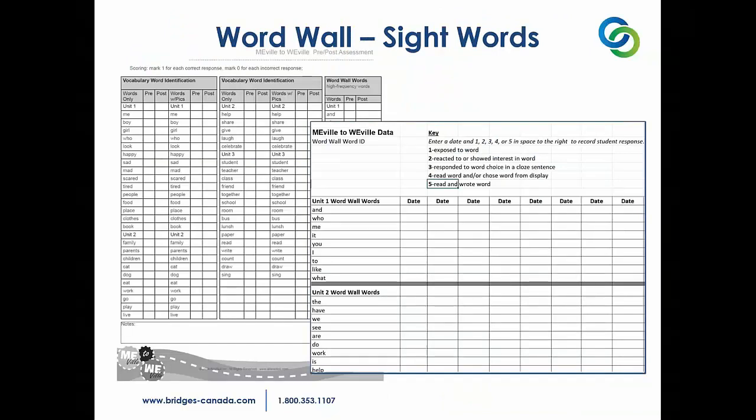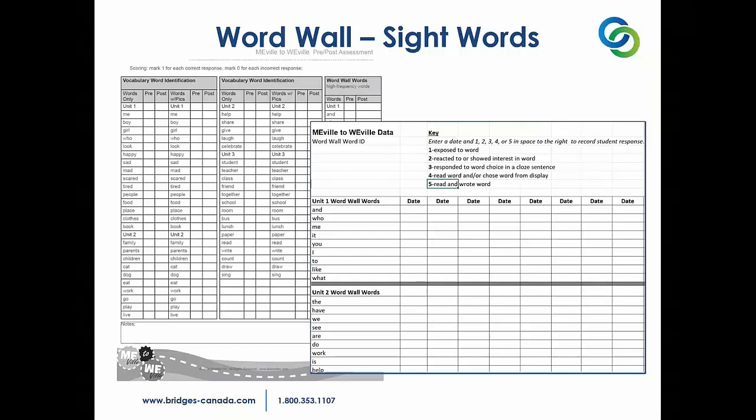Next, we have assessments to determine whether your students have learned the sight words. So in each lesson there is a word wall page, and in that page we are specifically focusing on some sight words.